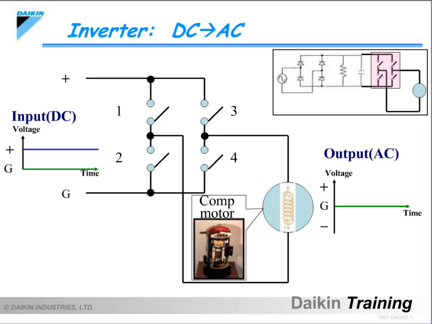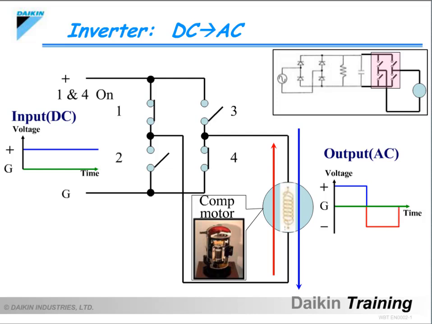The input is always DC positive. First, turning the number 2 and number 3 switches on directs the current flow from top to bottom in the compressor motor. Next, turning the number 1 and number 4 switches on directs the current flow from bottom to top in the compressor motor.